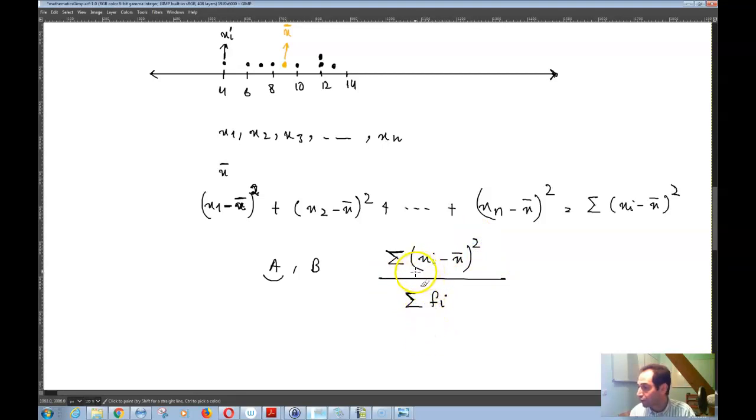And then you can call sigma f of i n, so you can write it as sigma x of i minus x bar whole squared over n. That's how we wrote this.